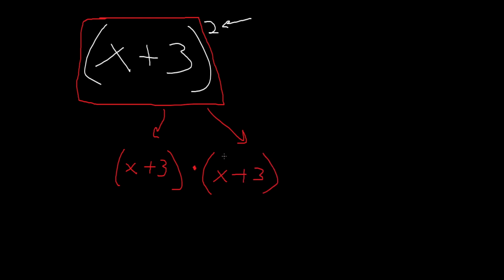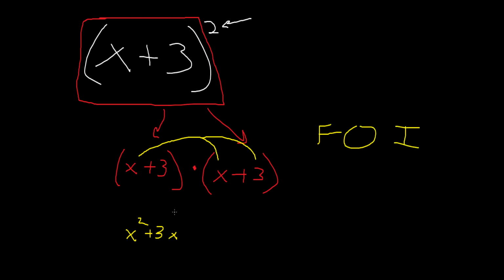And now you might be thinking, oh okay, now that I've split it up, I just do FOIL. And this time, Mr. Updegrove is going to do FOIL correctly. So first would be x squared. Outer would be x times positive 3, so that'd be plus 3x. Inner would be these guys, so that would be plus 3x.